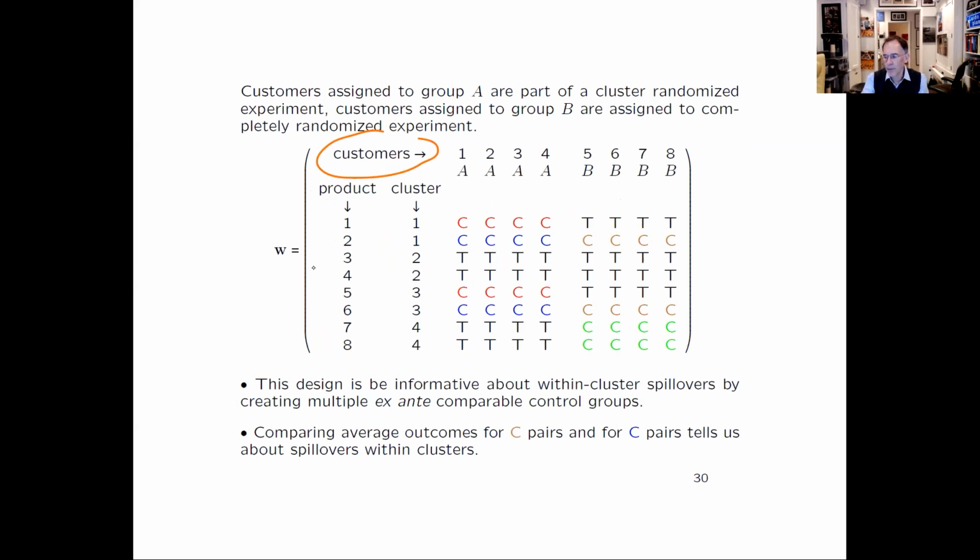We assign all the products in a particular cluster to the treatment or control group for that set of customers. And for the customers assigned to group B, we do a regular product experiment where we pay no attention to the clusters.